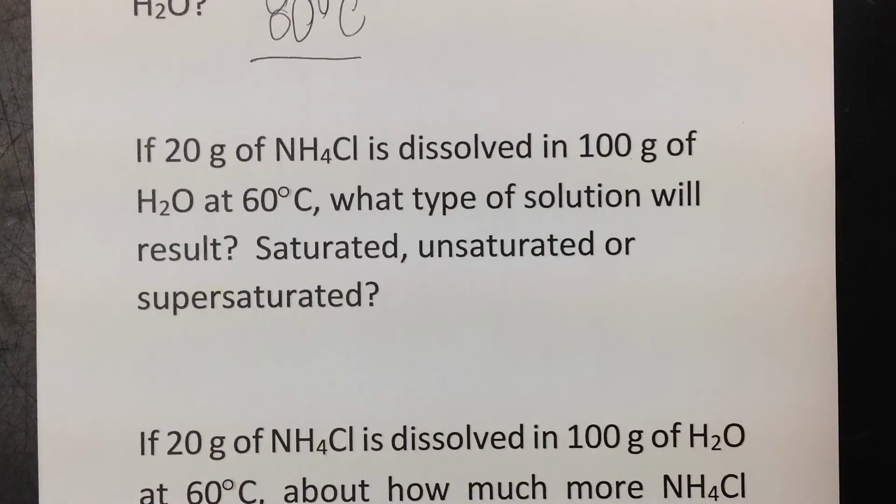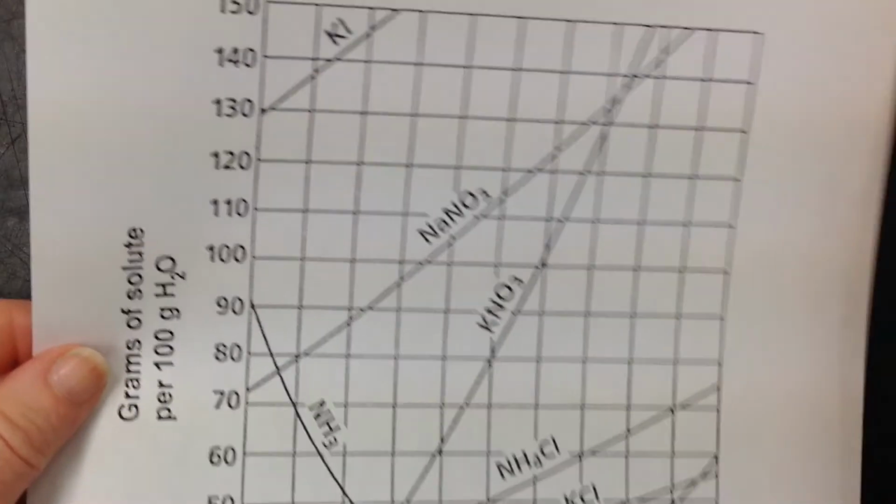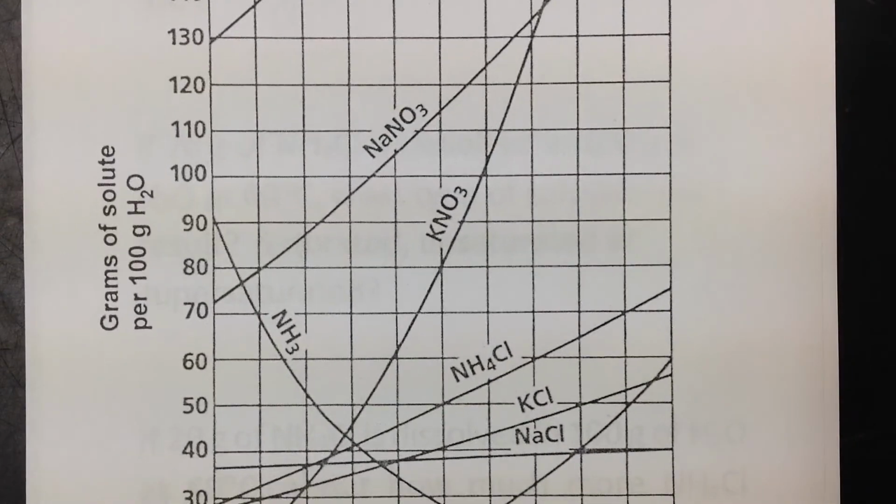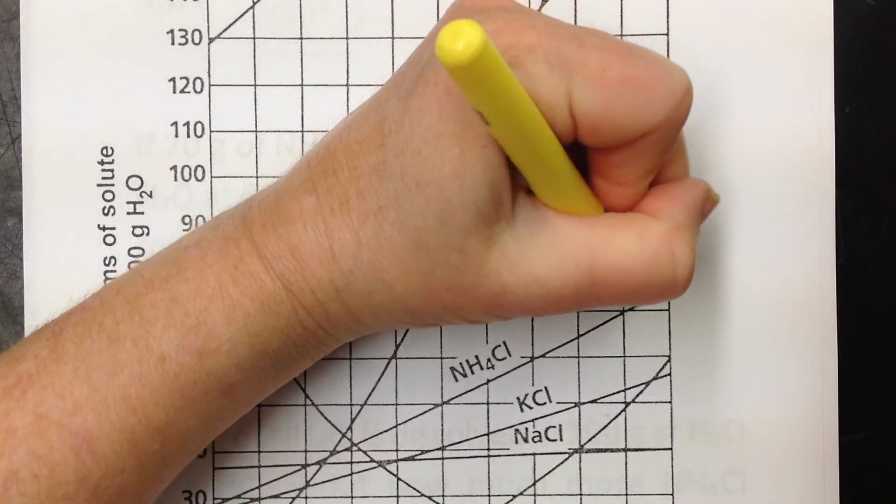If 20 grams of ammonium chloride is dissolved in 100 grams of water at 60 degrees Celsius, what type of solution will result? So this time we're looking at ammonium chloride, which is right here.